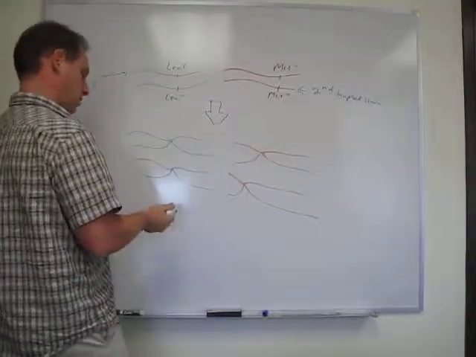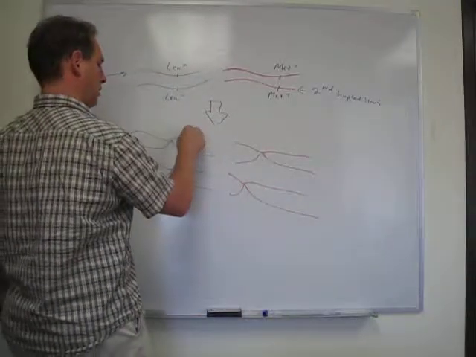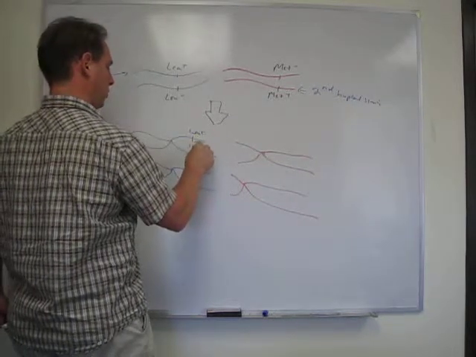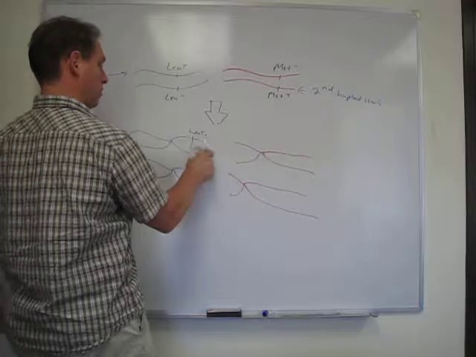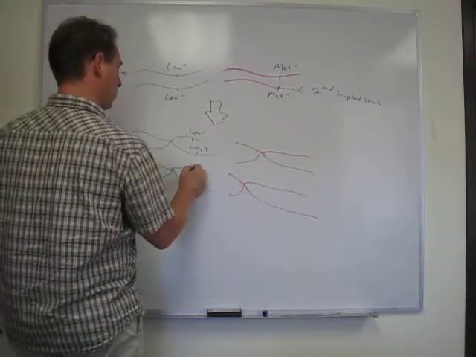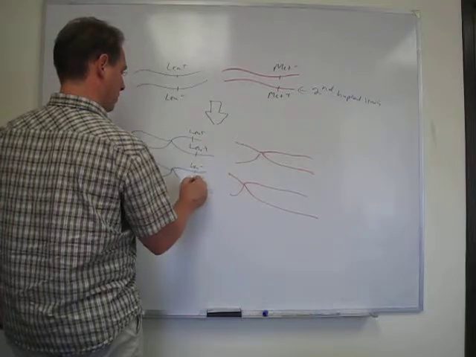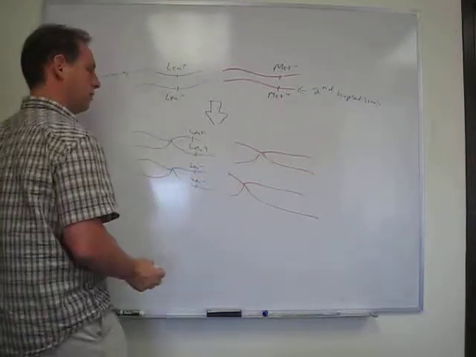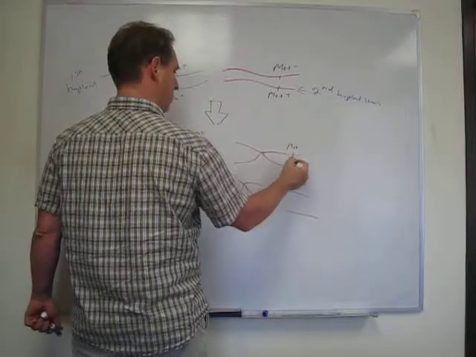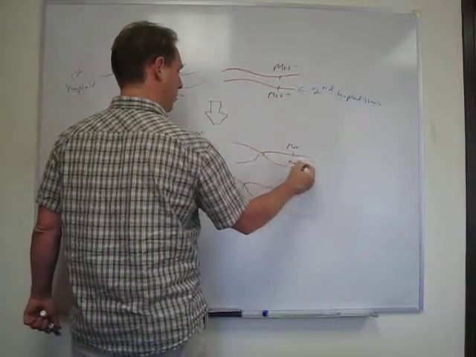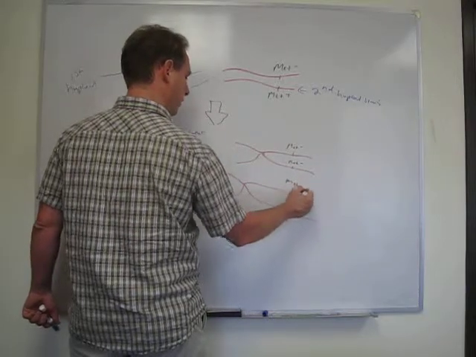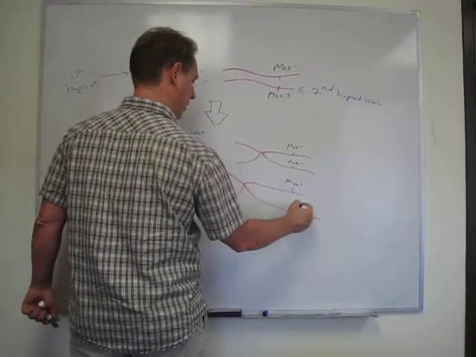So this would be Lu plus, Lu plus, since sisters are identical, and then Lu minus, Lu minus. And then this would be Met minus, Met minus, Met plus, and Met plus.